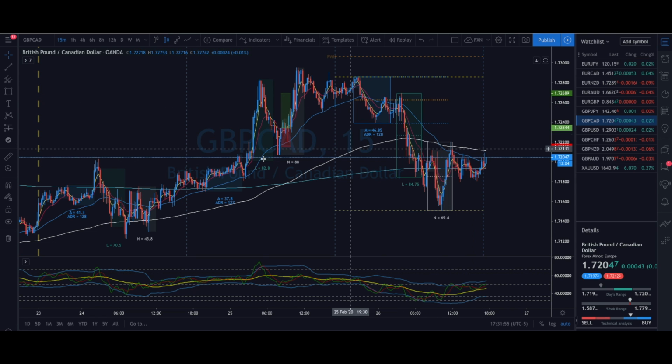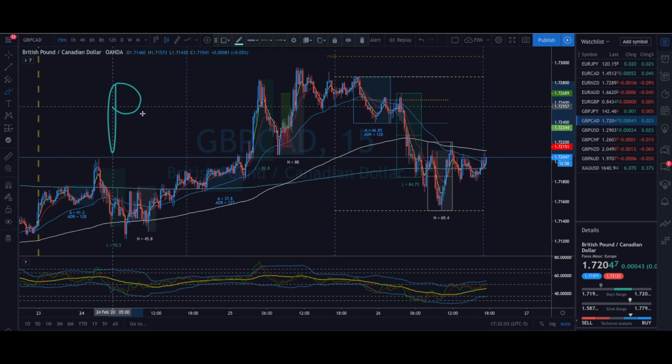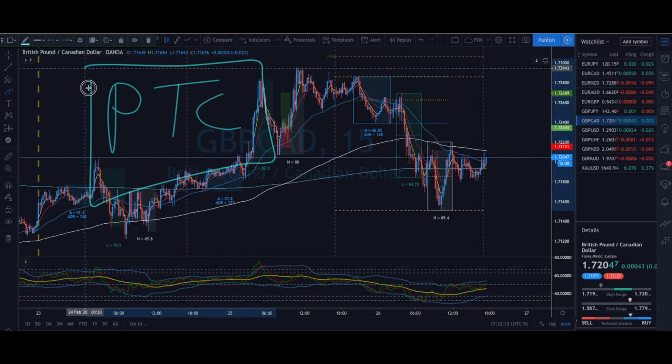The next question is, what is PTC? PTC stands for pattern, timing, and cycle. Essentially, these are the three things you should have when taking a trade. Very simple.